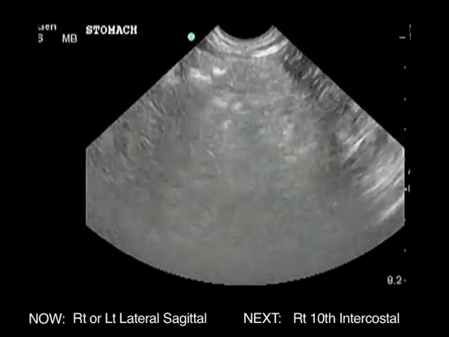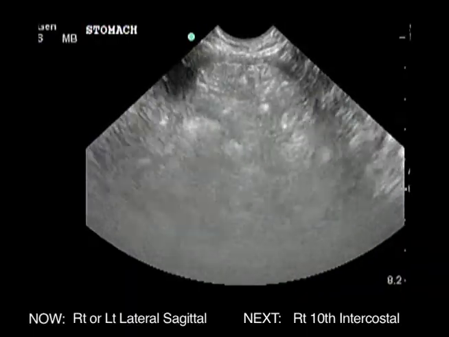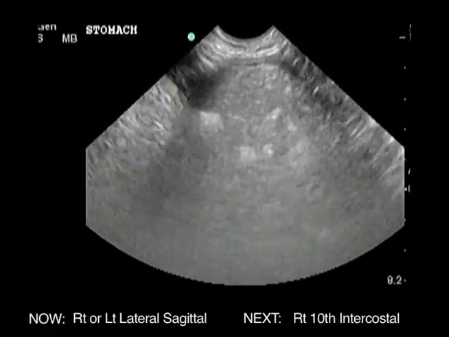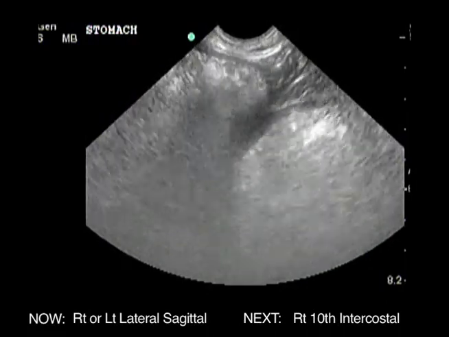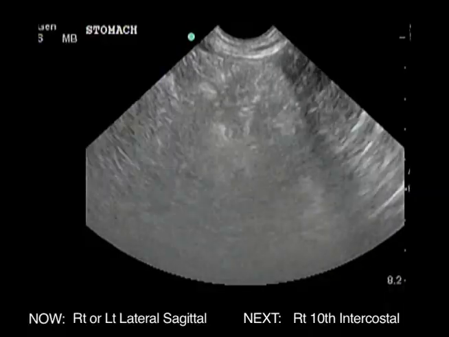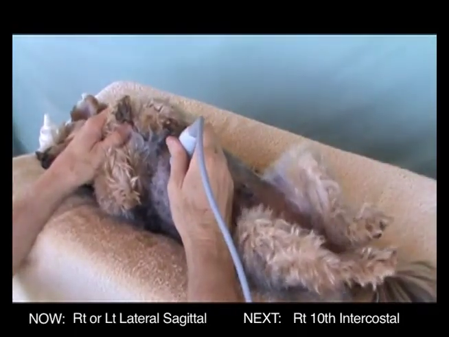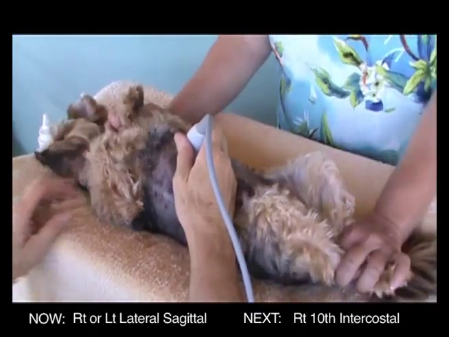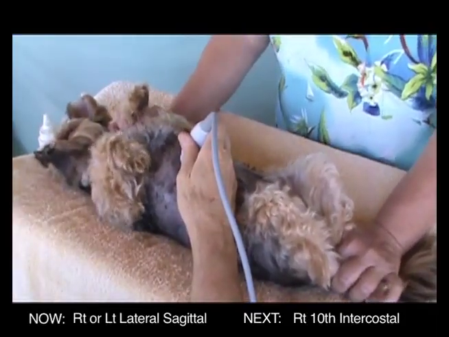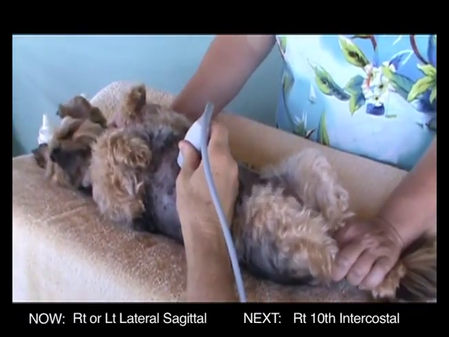In some cases, the gallbladder may be difficult to see from the subxiphoid position in a patient in dorsal recumbency because the patient has a stomach full of food or gas. In some narrow-chested breeds like Whippets, Collies, some Shepherds and Dobermans, there is no room to maneuver the transducer at the subxiphoid position.